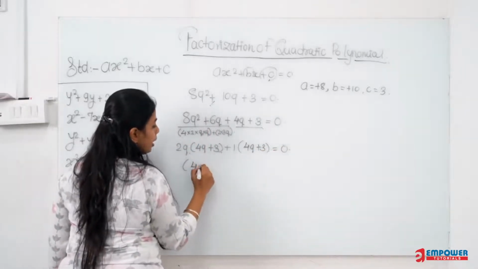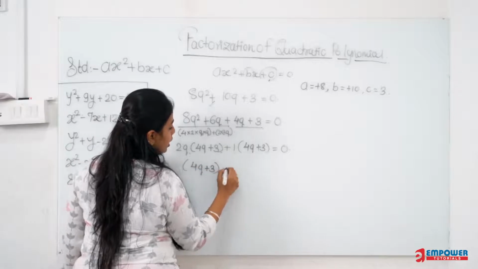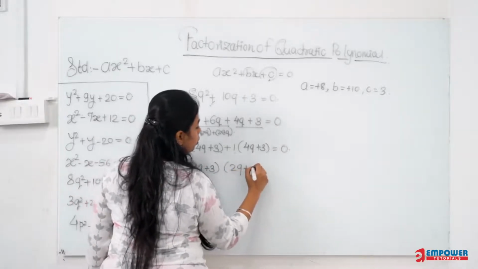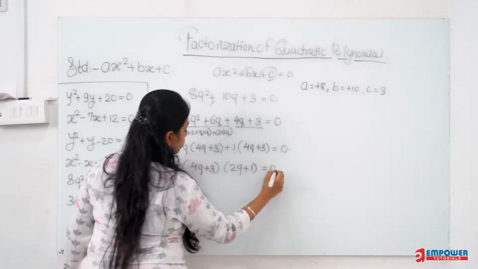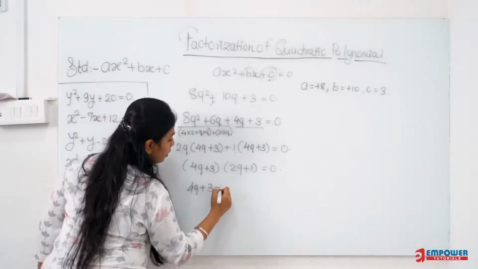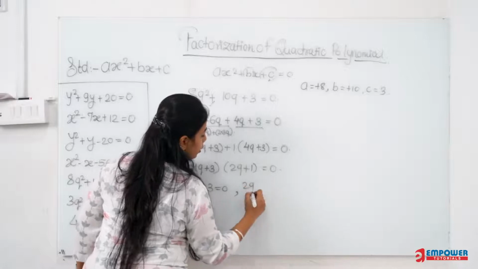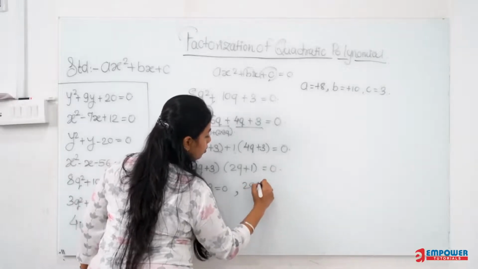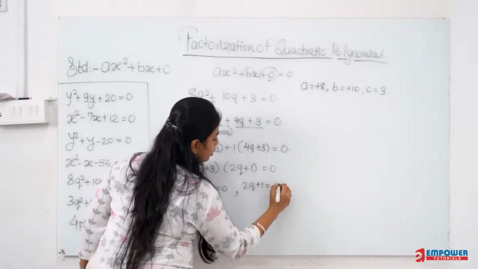So in one bracket I will have 4q plus 3 and in the other bracket I will have 2q plus 1 is equal to 0. So this will be 4q plus 3 equal to 0, and this will be 2q plus 1 equal to 0.